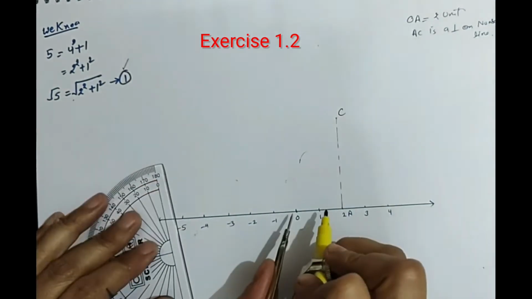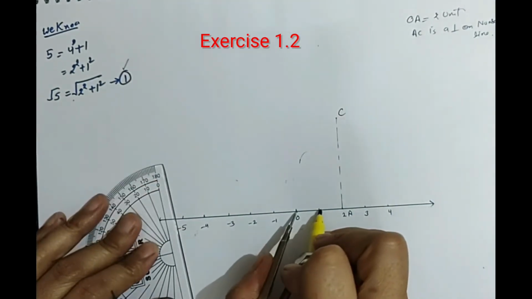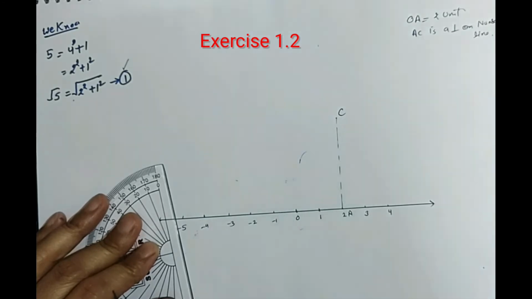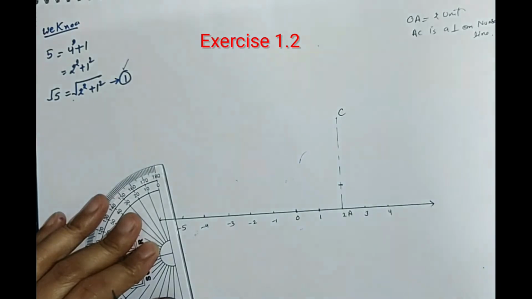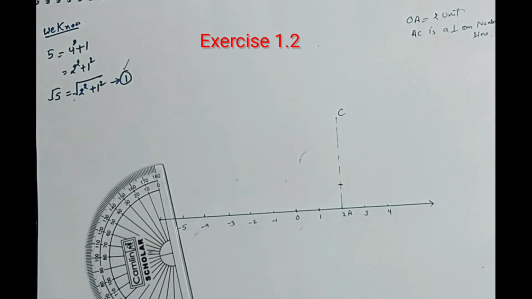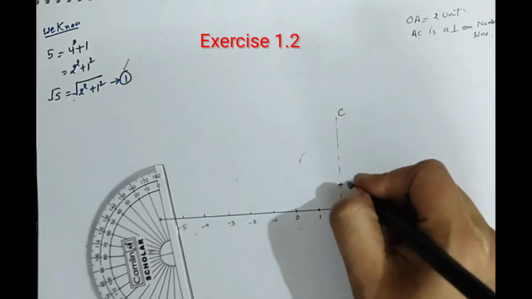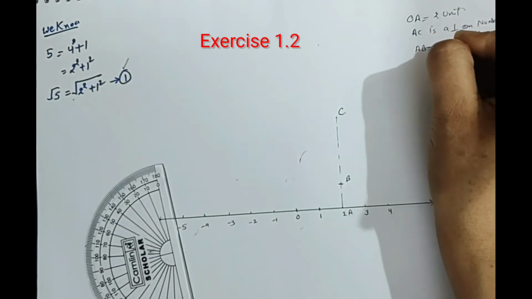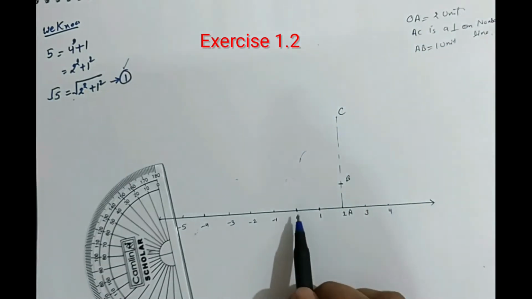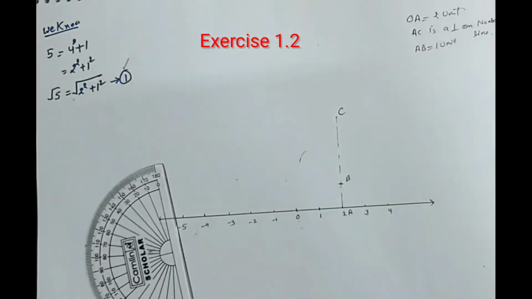Now with the help of my compass, I will open this as 1 unit and I will mark that point on AC. And this point here, my A is B. And this AB is equal to 1 unit. And how much is OA? OA is 2 units.